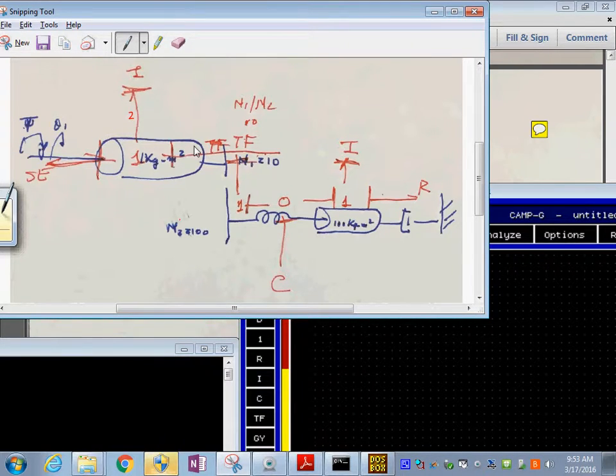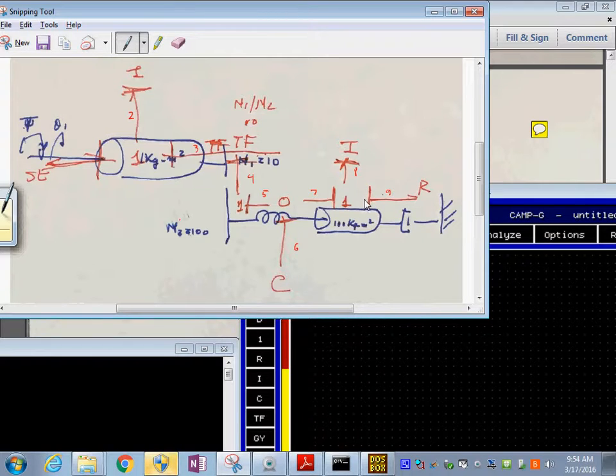We could do either way. Why don't we do the velocity? So f sub 8 in relationship to E1 is one transfer function, and the other transfer function would be the torque on the spring, which would be E sub 6 in relationship to E sub 1.